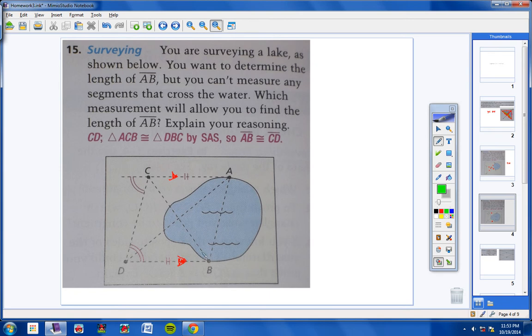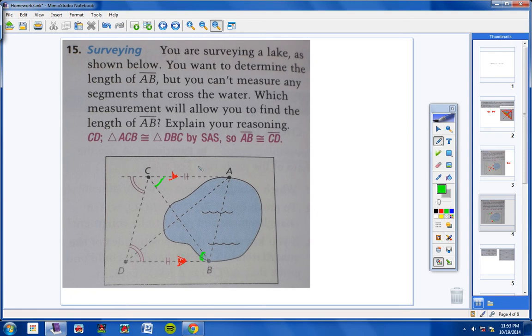That means this angle right here with one mark is congruent to this angle here because we have two parallel lines right here cut by a transversal right here. And when two parallel lines are cut by a transversal, their alternate interior angles are congruent. So I do know this angle here is congruent to this angle here.